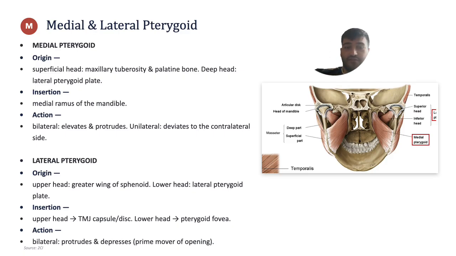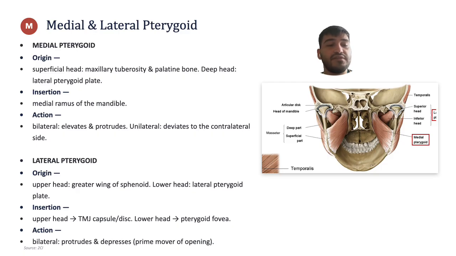And then we go to the prime mover of opening, which is the lateral pterygoid. And this is the one that, three close it and one opens it. This is the one that opens it. So we have the origin, which is the upper head, greater wing of sphenoid. And then we have the lower head of the lateral pterygoid, which is the lateral pterygoid plate.